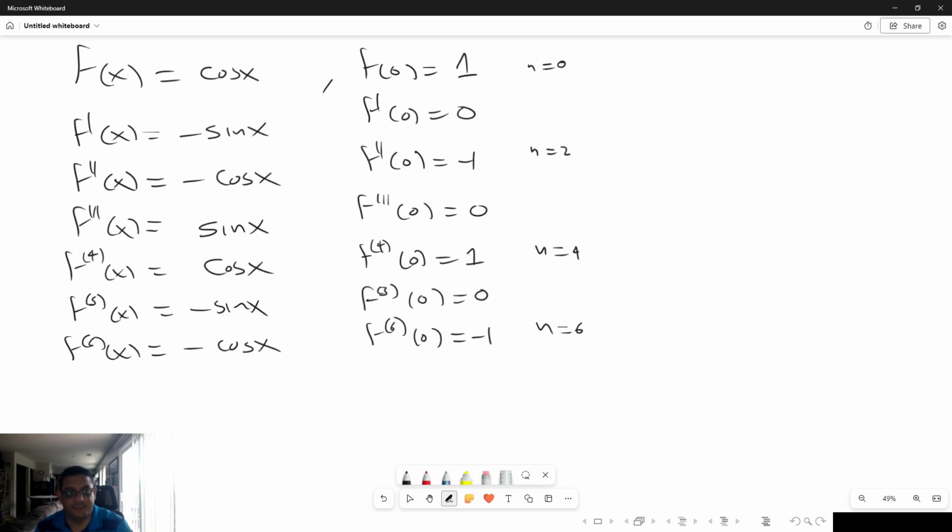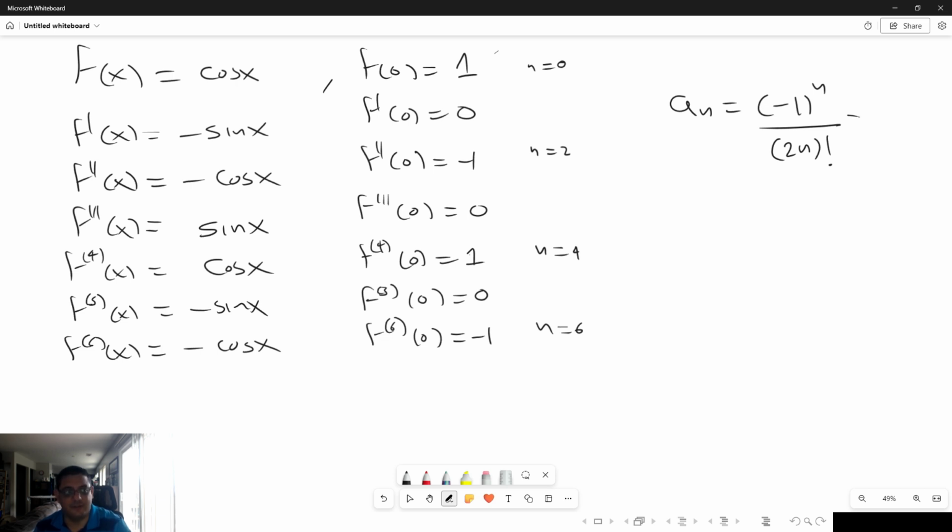So the coefficients that you're going to find is that a_n is just minus 1 to the n, because that's jumping from 1 to minus 1. But then, instead of being over n factorial, because the only things surviving are the even members, I'm going to do 2n factorial, because those are the only members that are going to survive: 0, 2, 4, 6. So it only makes sense to write those out.